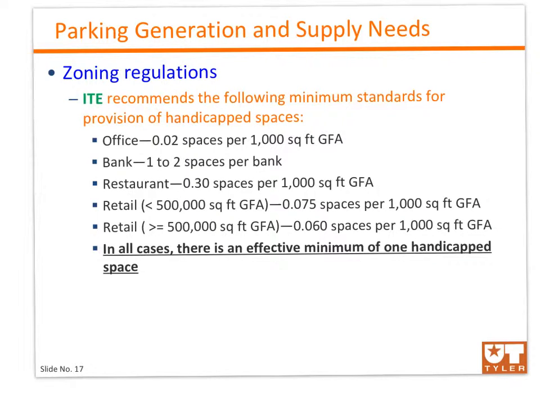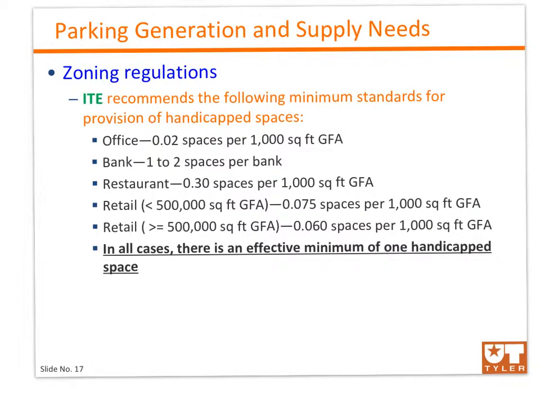So every bank has to have at least 1 to 2 handicapped spots at their parking facility. For restaurants, it's 0.3 spaces per 1,000 square feet GFA. For retail, if it's less than 500,000 square feet, then it's 0.07 spaces per 1,000 square feet of GFA. If it's more than 500,000 square feet, then it's 0.06.